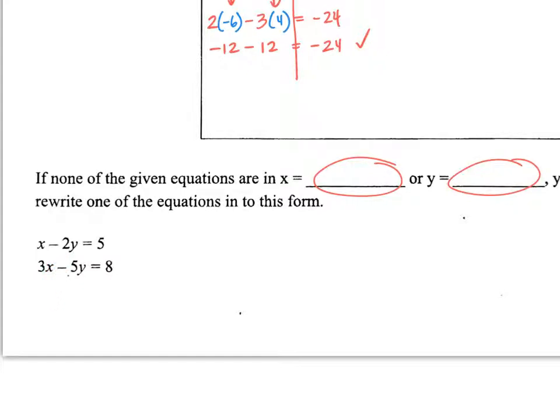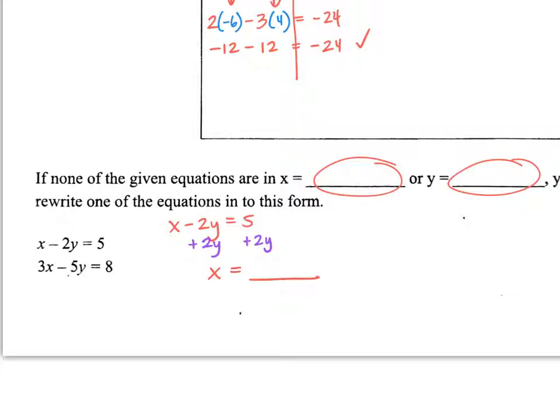Well, you're going to take that first equation, and this one is actually not that bad when you want to just get x by itself. Notice that the x has no number there. You could put a 1 there, but it's the same thing as just being x. So I want to get x equals something. That'll be the closest thing for me to do. If I add 2y, the only reason I would do that is because there's a minus 2y, and I can make that a 0.